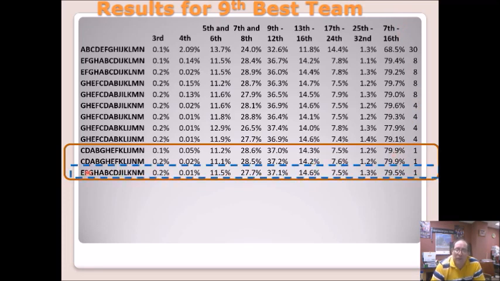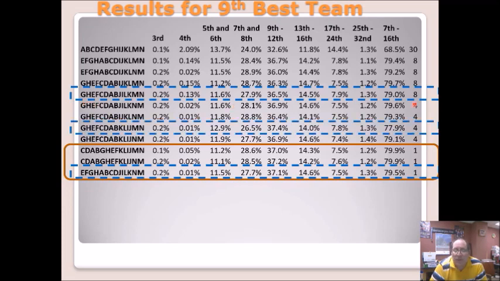The best one of this is that EFGH, AB, CD, JL, K, M, and N. That's the one that we've been seeing otherwise. And then this is JL. This is, I think this is the wrong one. JLK. This down here is the one that is the best for the 3rd best team.